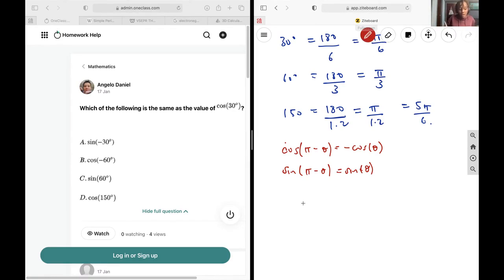And so, just from looking at the answers, you can see that sine of pi over 3, so sine 60, can be rewritten as sine of pi minus pi over 6, which is going to be the same thing as sine pi over 3.